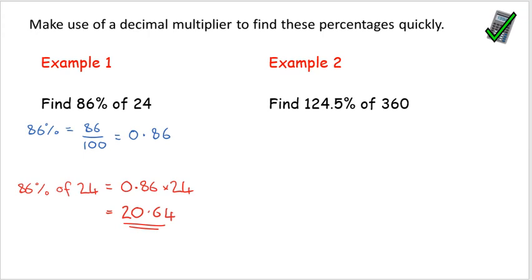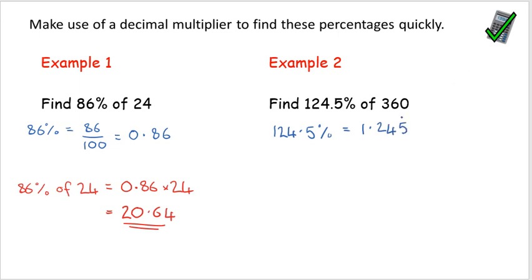So example 2, find 124.5% of 360. First step is let's work out what multiplier we're going to use. So 124.5%. Well, to go from our percentage straight to our decimal, we're going to miss out our fraction part. We just divide by 100. So this gives us 1.245.